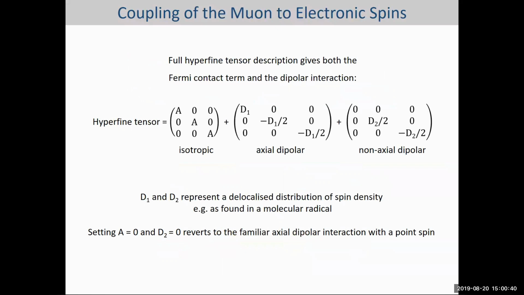You have the A, the D1, and D2, plus a couple of axes that entirely defines your hyperfine tensor. And of course, we can set the contact and the D2 non-axial part to 0, and then we just go back to our simple point axial dipole interaction with the point spin. So it's a perfectly general approach.